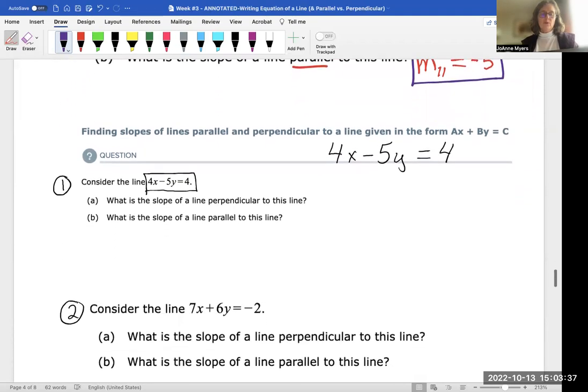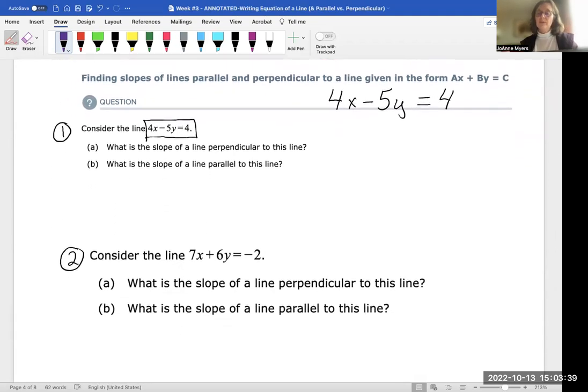Right. Find the slope of a line parallel and perpendicular to a given line. Here's the format. I can't tell what the slope is right away. So I need to rewrite this in slope-intercept form. So I want the y by itself. So I'm going to get rid of or move the term with the 4x. My left side will still be -5y.